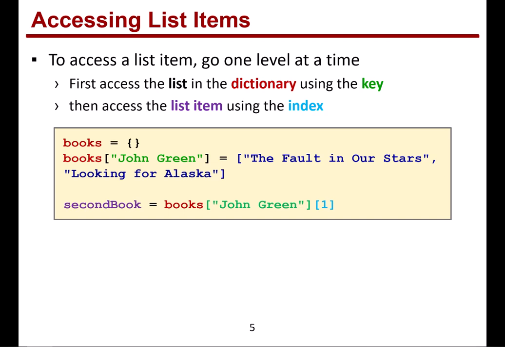So this is my key, and this is going to give me a list. If I think of what I get with books bracket John Green, well, what is stored at that key? What's stored at that key is this list right here. So if I access that list, and then I access the index 1, well, this is index 0, this is index 1, and so you're going to get Looking for Alaska.